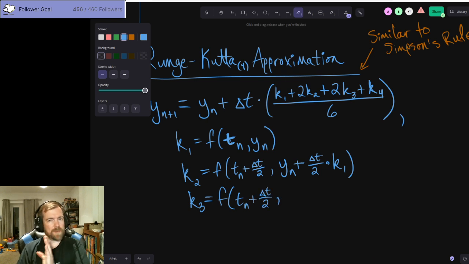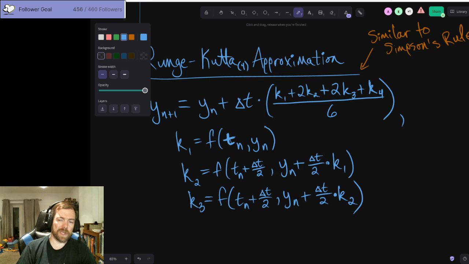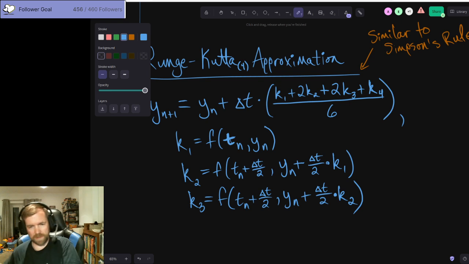So again, same halfway point in terms of our t direction, but then our y value is going to be y sub n plus now delta t over 2 times our k sub 2 version. So we're using Euler's formula, but now using the slope that we just found from K2 for K3.